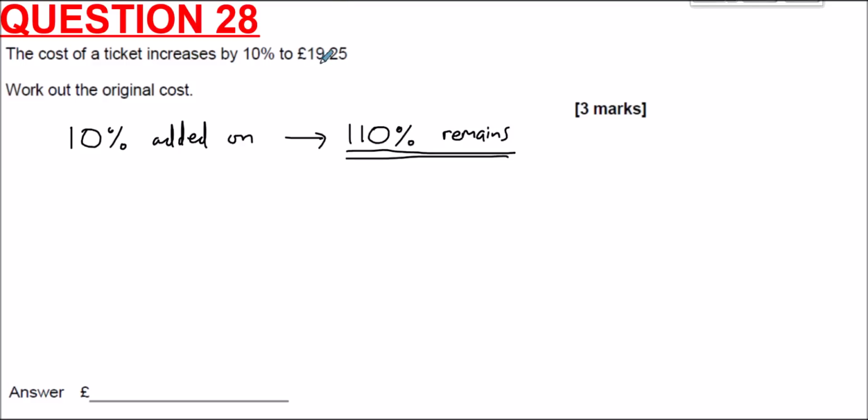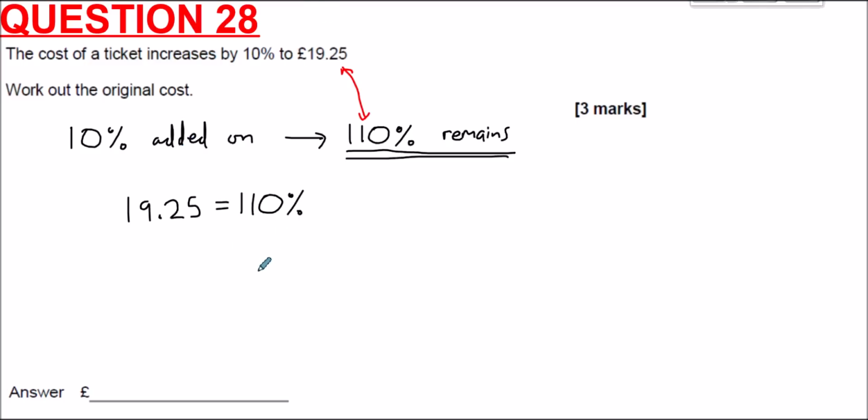And so this £19.25 will be 110% of the original. So we can say £19.25 equals 110%. 100% plus an extra 10.